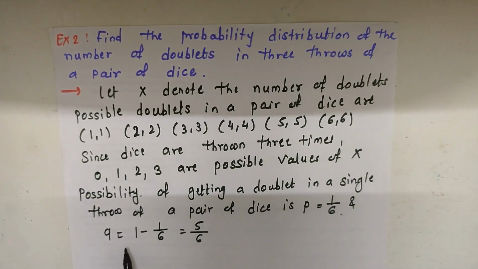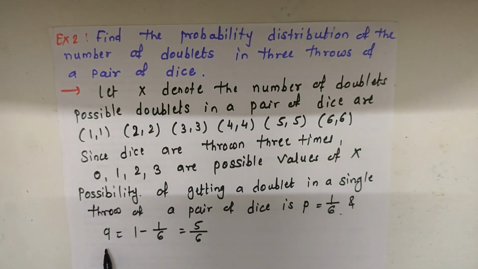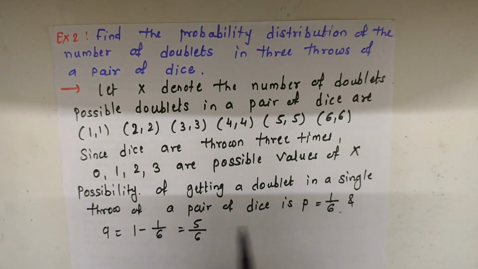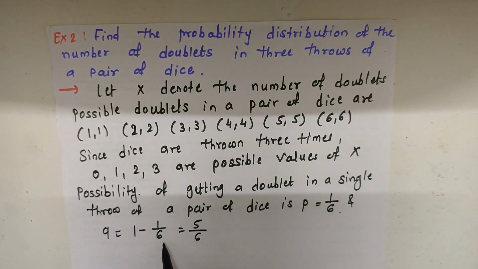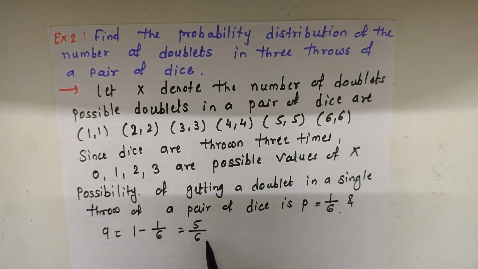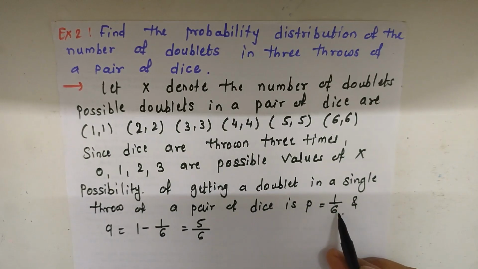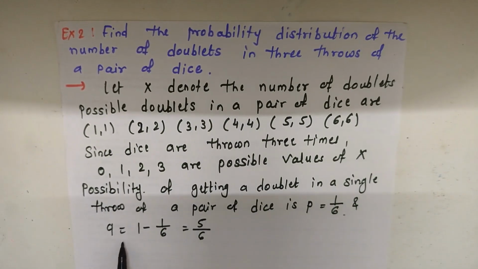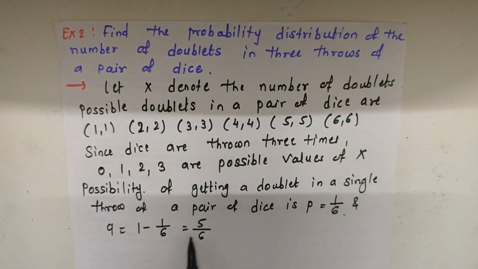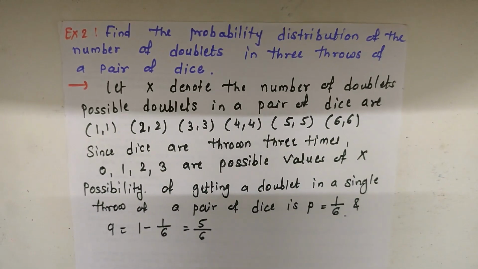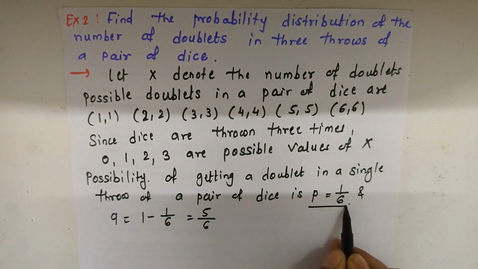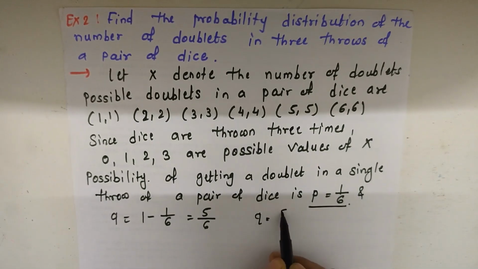Q means the probability of failure, and this can be found by 1 minus the probability of success. So 1 minus 1 by 6 is equal to 5 by 6. The probability of success is 1 by 6, and the probability of failure is total probability 1 minus probability of success 1 by 6, which gives 5 by 6. So the value of P is 1 by 6 and the value of Q is 5 by 6.